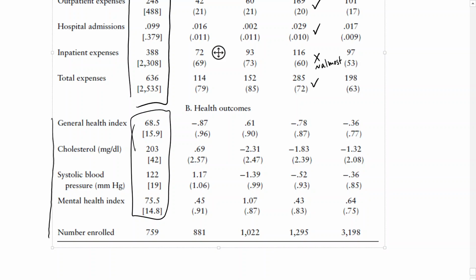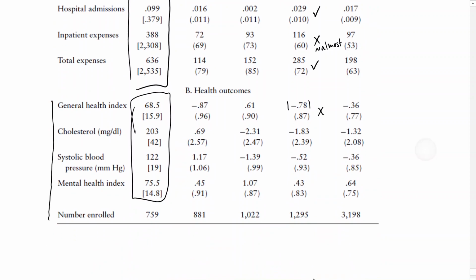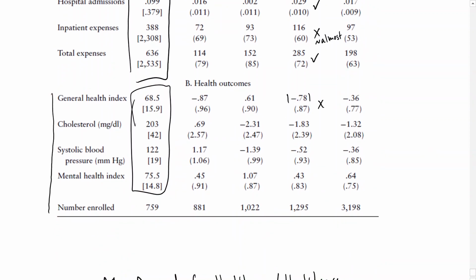Well, this difference is already less than one standard deviation, let alone 2 standard deviations. So there is no statistically significant increase or decrease in health for those who had free health insurance.